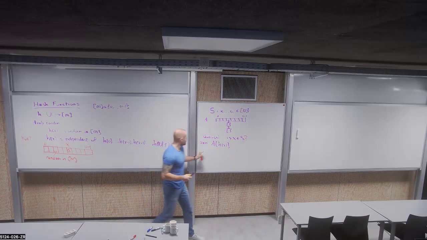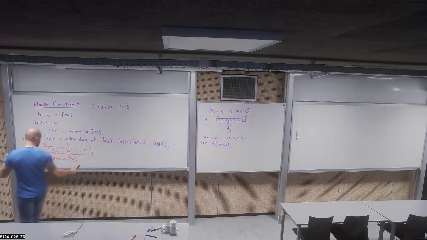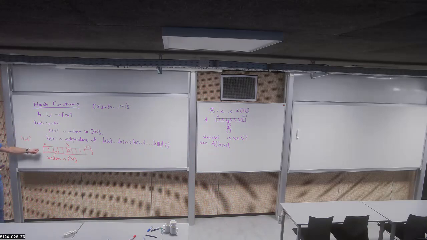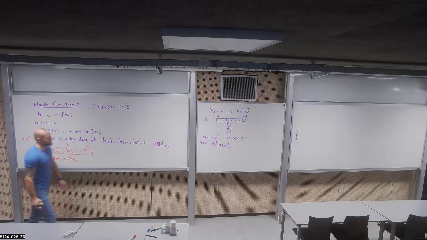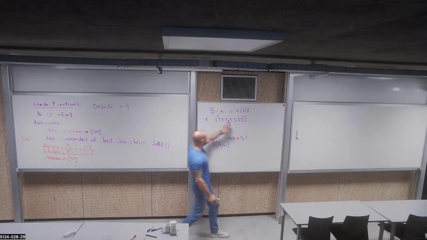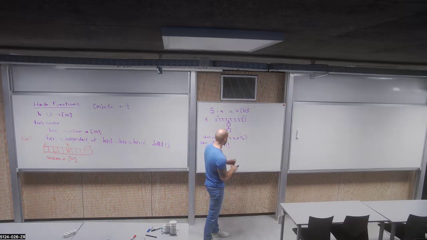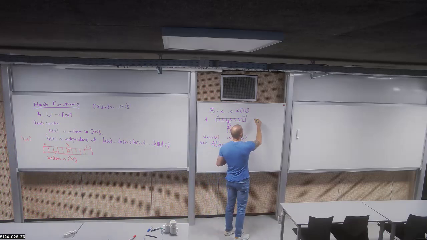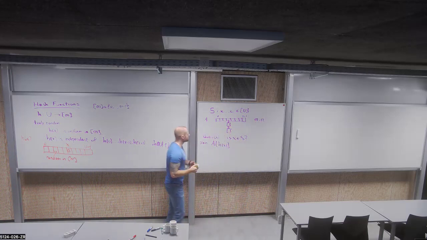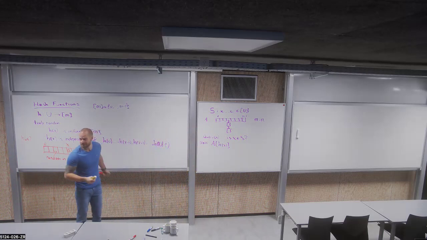If we use this truly random hash function, the issue is that if we're storing, say, 64-bit integers, the size of this table is 2^64. The size of the hash table is typically much smaller; a good choice was something like m equal to n. So the hash table itself is much smaller than the size of the hash function.